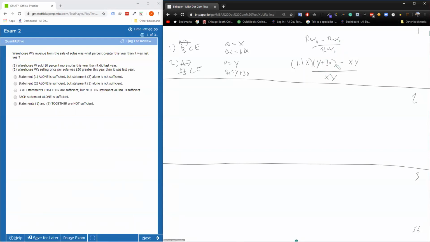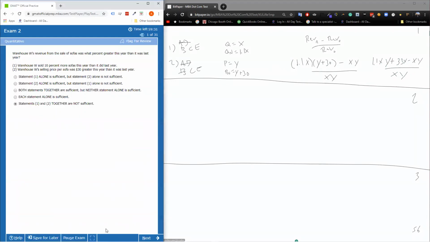And I can see it looks like 1.1XY plus 33X minus XY all over XY. We're not going to get rid, no, that's not all going to cancel out, so E.